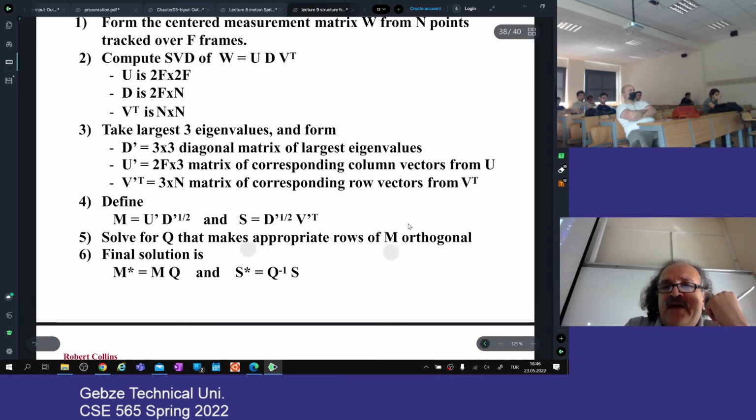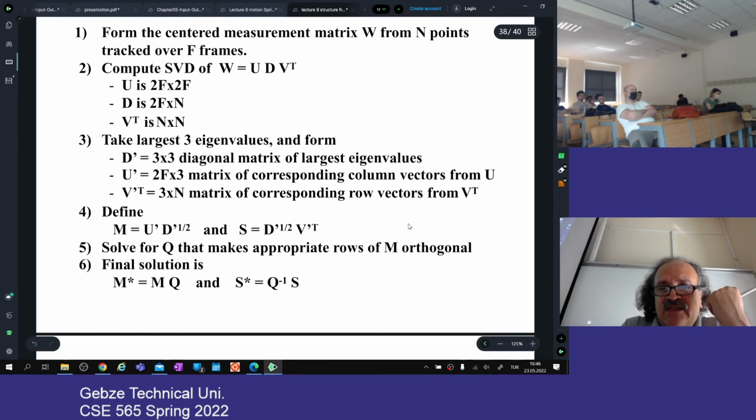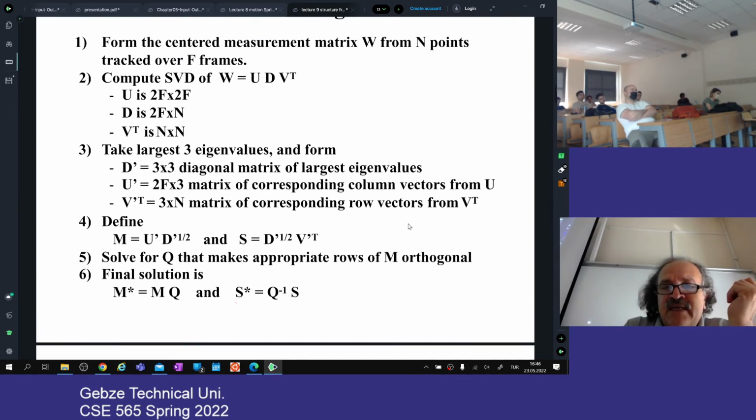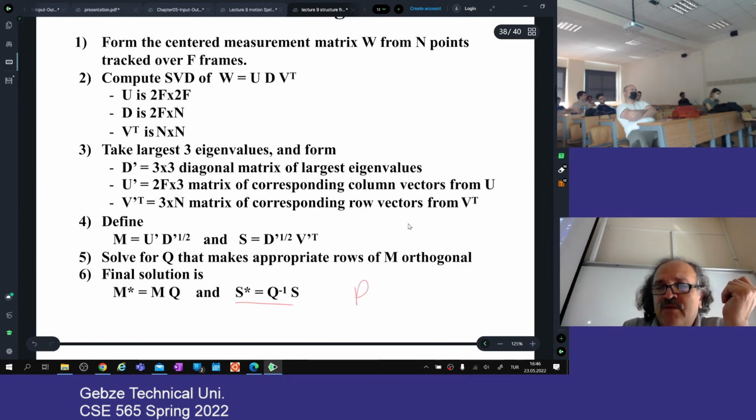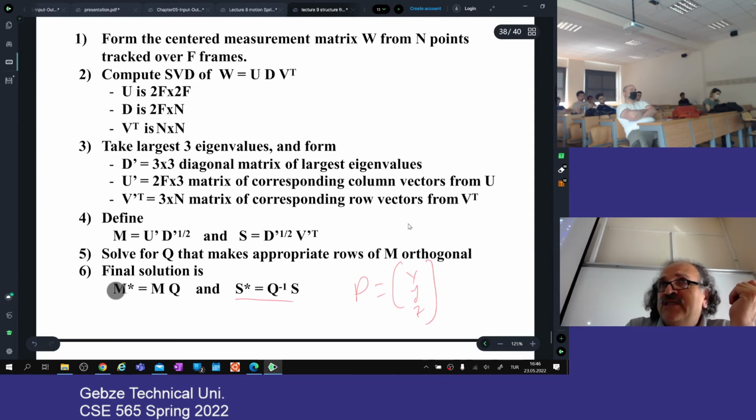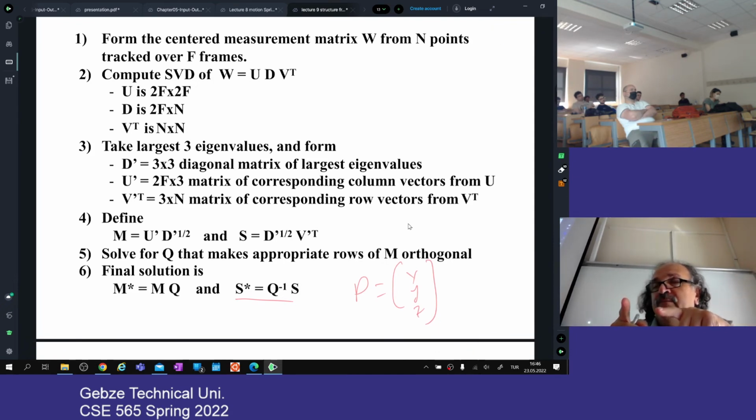Find a numerical solution for this one. After that, you get your motion matrix and the structure matrix. Structure is very nice. It's all your P values, x, y, z. Motion is just rotation matrices, the first two rows of rotation. For the third one, it is okay.